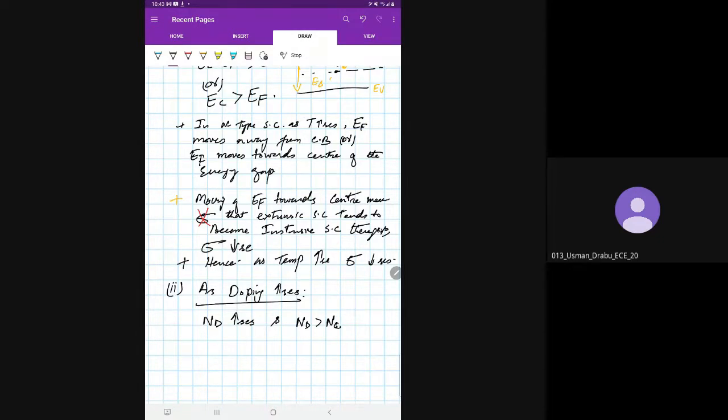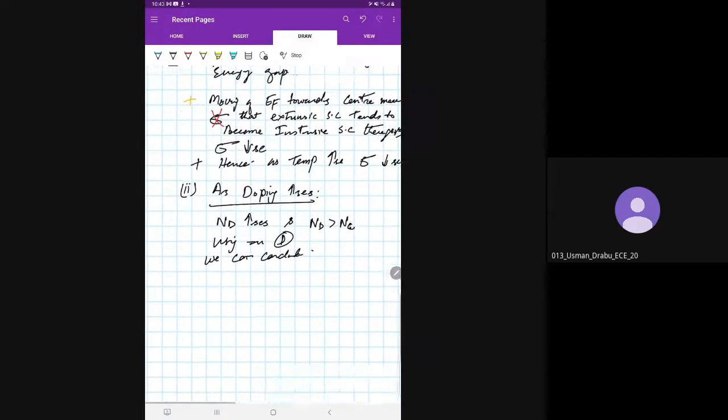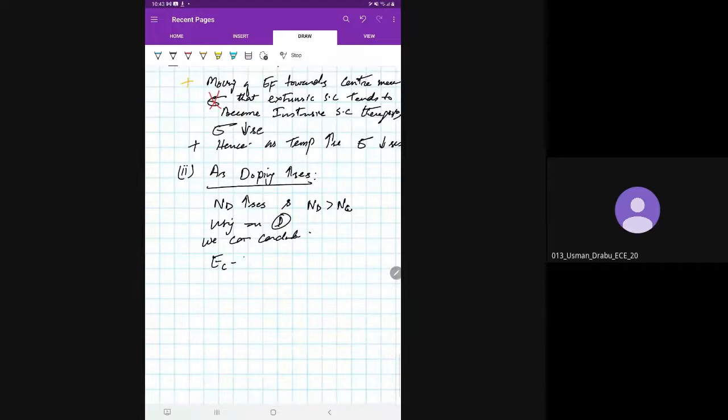Therefore, using equation D, we can conclude that Ec minus E of F is less than 0, or Ec is less than E of F.